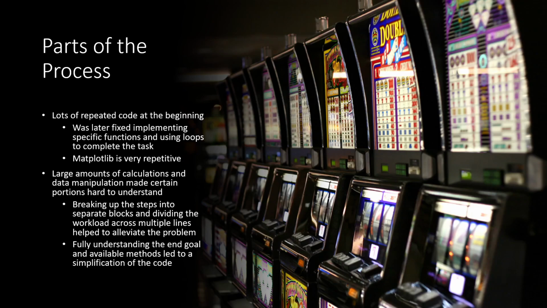I also learned that fully understanding the end goal and what methods you have available would create a path in my mind for me to execute what I want to do. Not only that, but I also learned that the process of programming is not a linear progression. You can go backwards, you can go forwards, but in the end, you'll make progress.